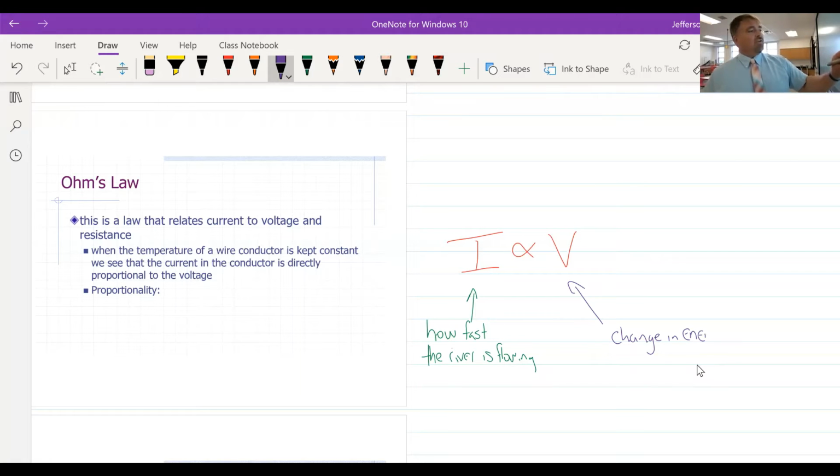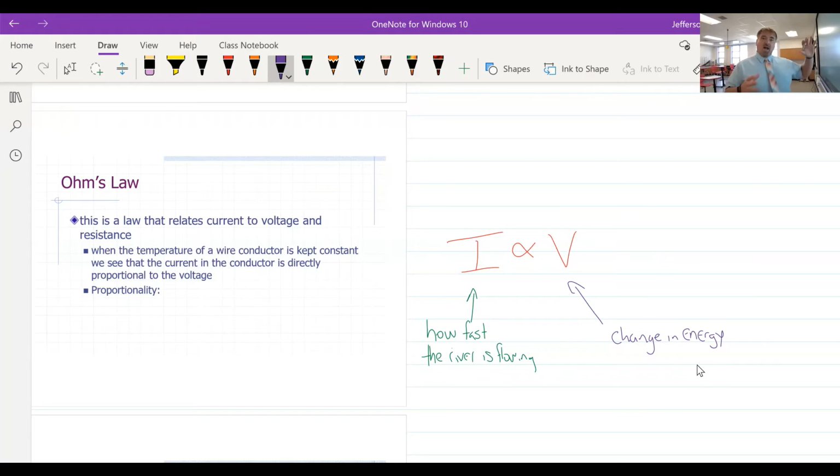And so if you have a large change in energy, let's say it's a mountain stream and there's a huge change in elevation, the current goes fast. If it's a low change in elevation, like Bust-Eye Creek, there's a change of maybe a couple feet over a mile or so, that water goes really, really slowly.